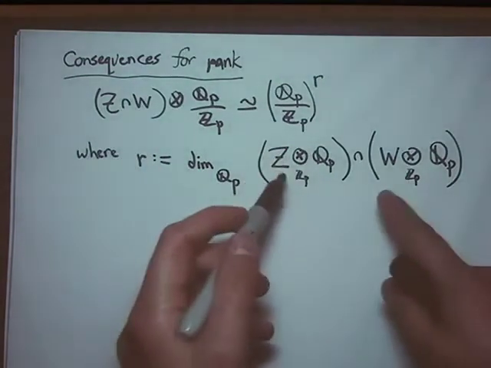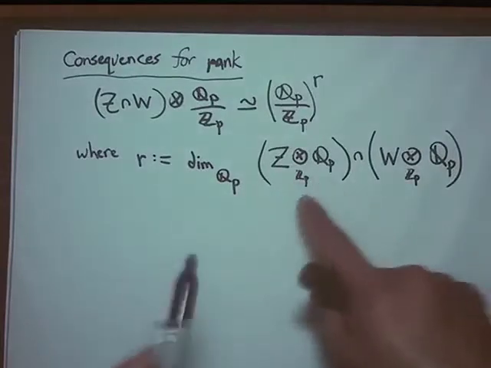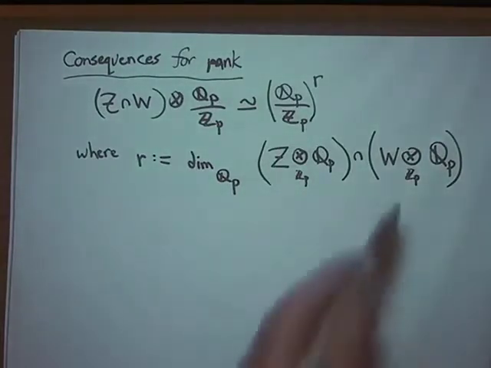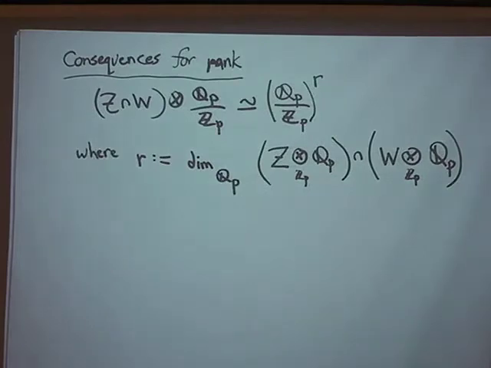You choose the Z at random, and you look at how the vector space it spans intersects with the standard maximal isotropic W.